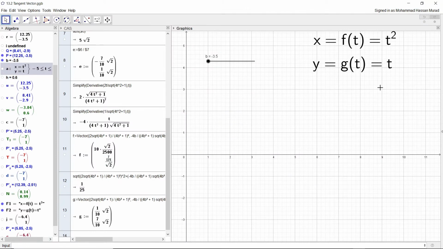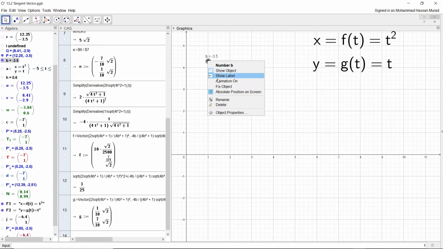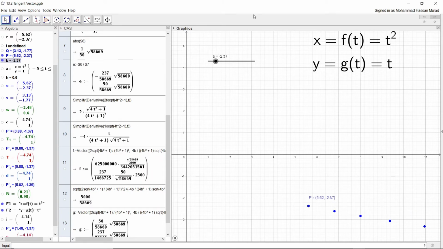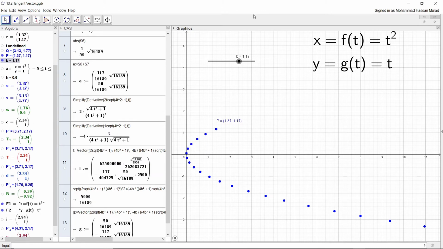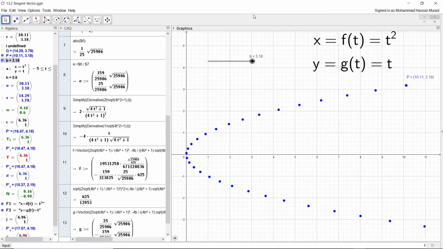Let's consider a two-dimensional vector function with component functions f of t and g of t, where f of t equals t squared and g of t equals t. Now, if t is increasing from negative 3.5 to positive 3.5, then we get the position of the particle at different times as shown in this figure.